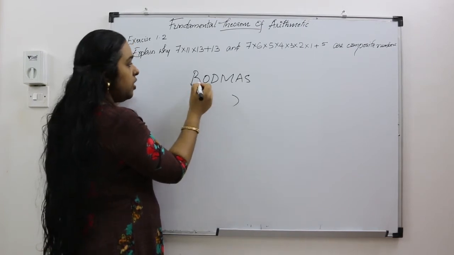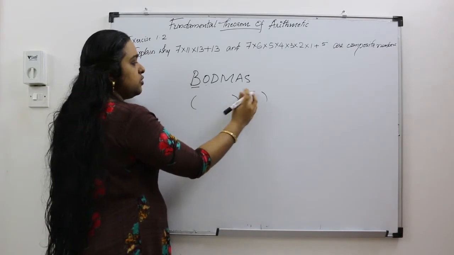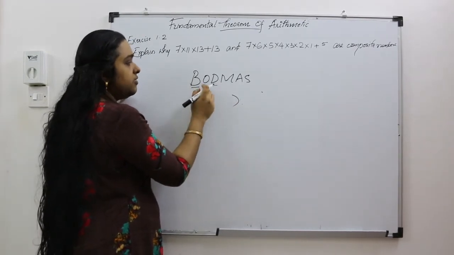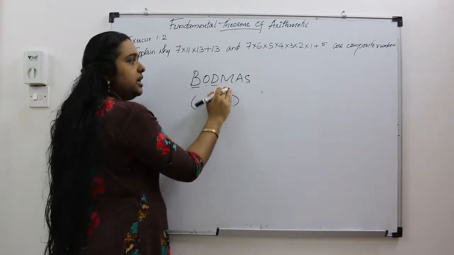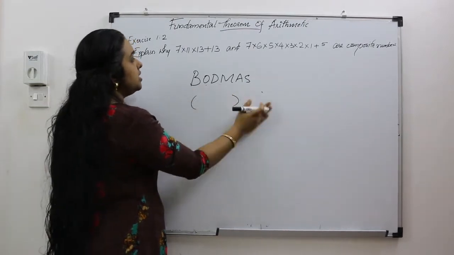Then comes of, which means into, as in bracket of. After that we do division, then multiplication, then addition, and last subtraction. This is the BODMAS rule.